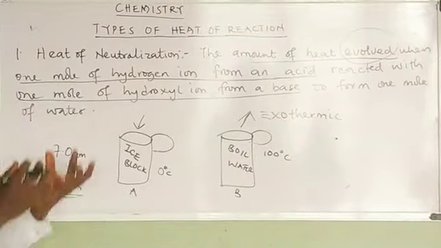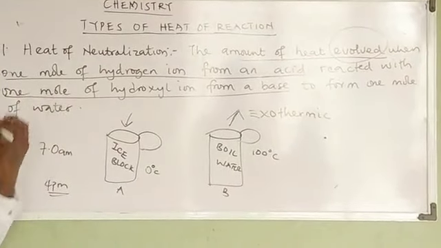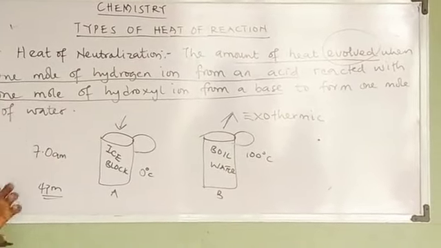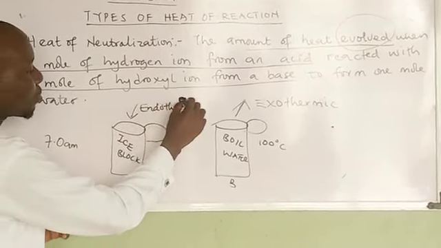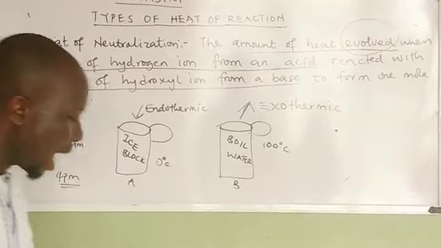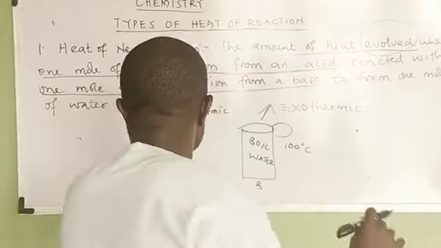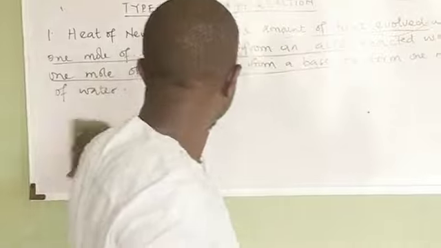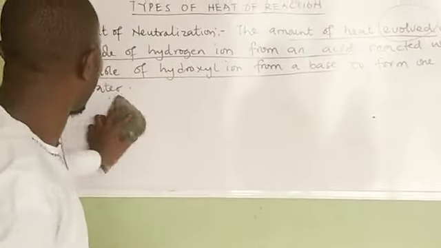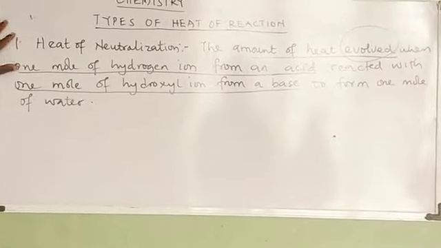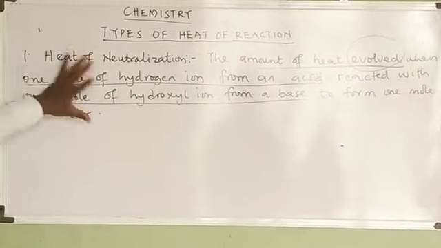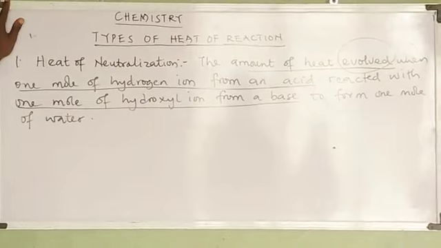Any system that is taking heat or absorbing heat from the surrounding, that system is said to be endothermic. Now, let me clear something very important here. When you are writing WAEC, you have to be very careful when given the definition of different types of heat of reaction.